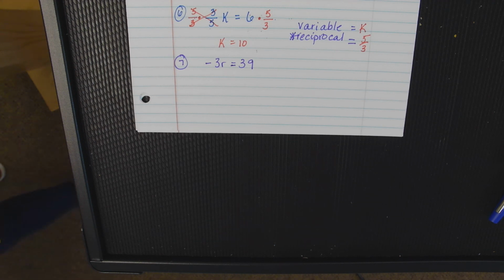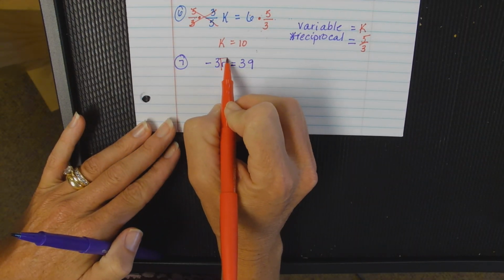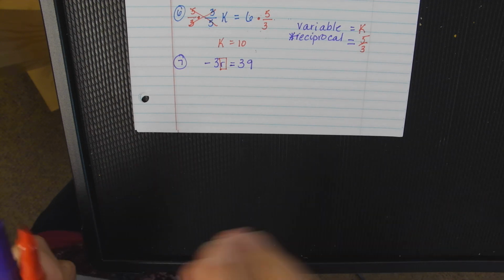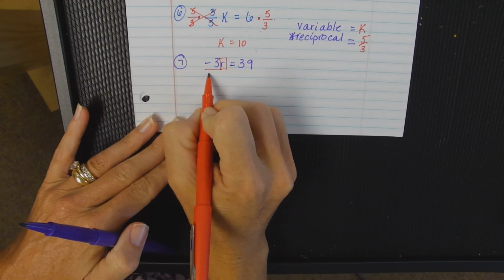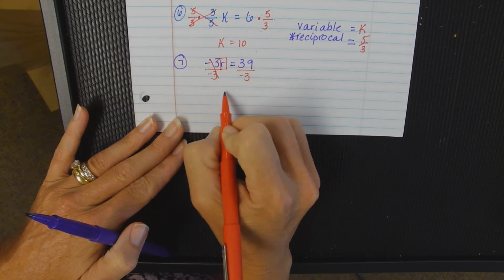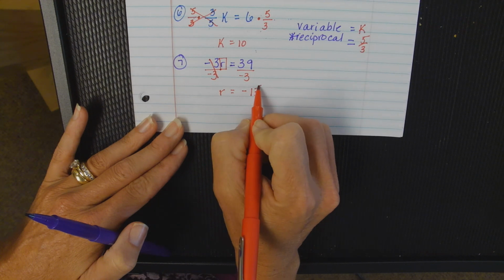R. I need R by itself. So what is next to R that I need to get rid of? -3. So what do I do here? Divide. Divide by -3 on both sides. That cancels. R is -13.